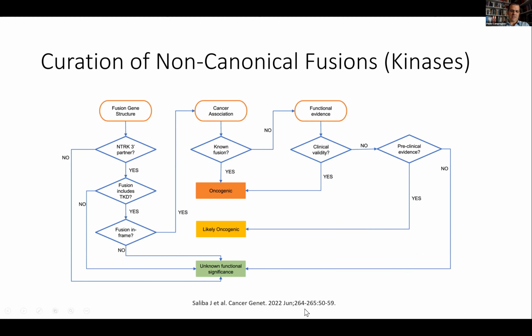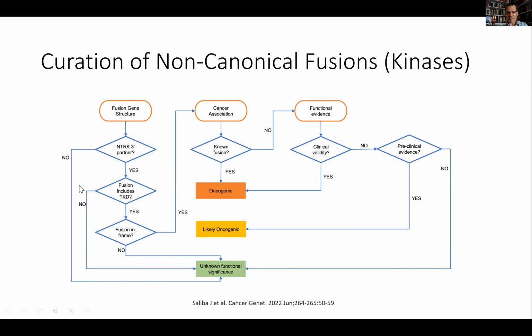We follow a similar approach to the one described in the paper by Jason Saliba and other members of this group. The approach they follow for NTRK fusions. So we look a lot at the fusion structure. If the partner is the 3' partner or the 5' partner, and then we compare with the non-oncogenic fusions. If we expect that partner to be the 3' or the 5'.